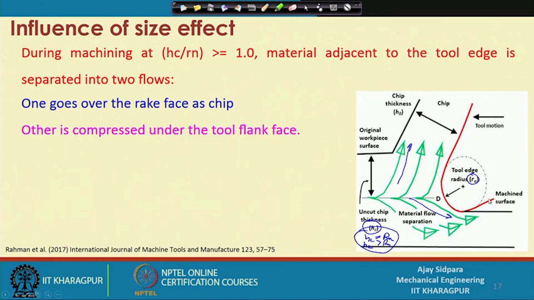So, this is the rake surface, and this one is the flank surface. This is what is happening in this case.